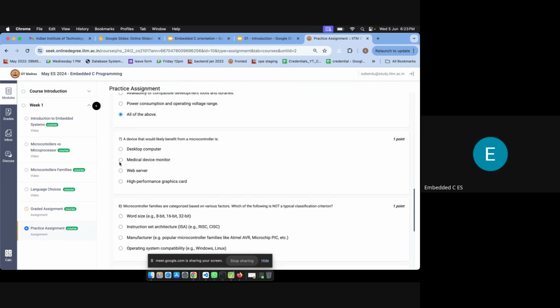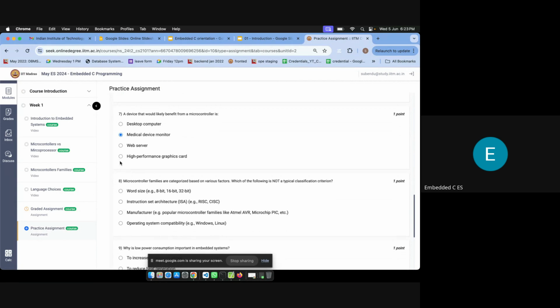And the medical device, like a glucose meter to measure glucose, or heart rate monitors. These are the uses, so this is a medical device. This is the correct option. A web server is not used, and a high performance graphics card is also not used. For question 7, the correct option is option B.